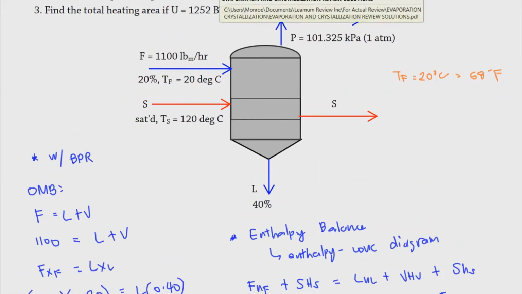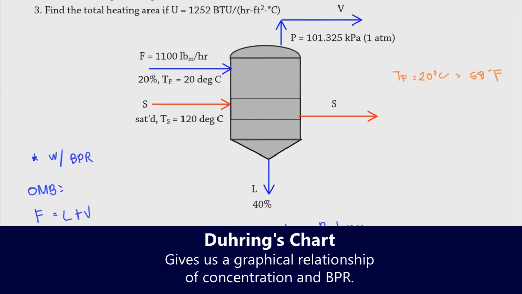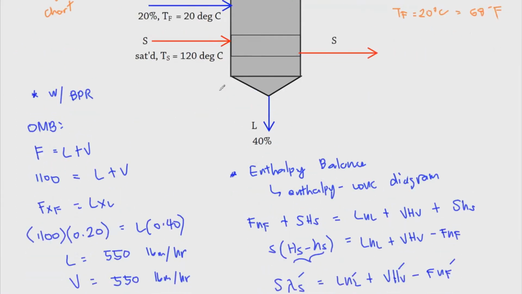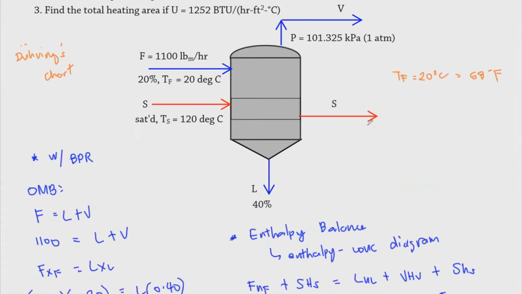Since we have already known how to use this Duhring's chart, the one with a lot of lines that we can use to determine the boiling point rise. We call that the Duhring's chart. Okay. So we go back to that and then let's find the final solution temperature.